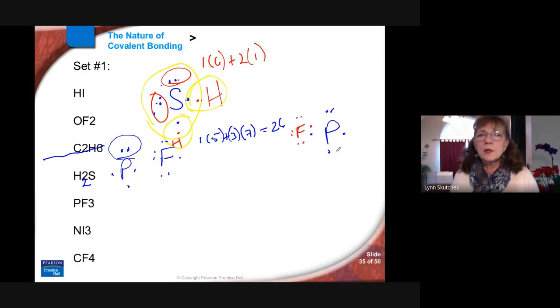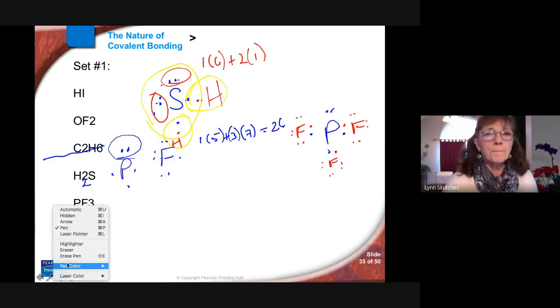Unfortunately, this goes kind of fast if you have a marker. If you get a pencil, it goes slow. So 7 and 1 is 8, 7 and 1 is 8, 7 and 1 is 8. That's 24 plus 2 more are 26. And then the last thing is to find the octets.